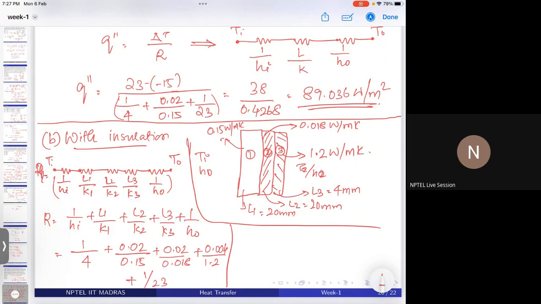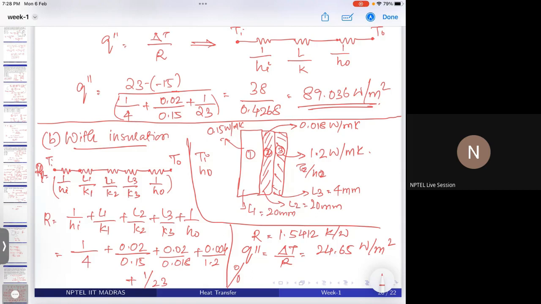So what is this answer? R is 1.5412 Kelvin per watt. What is this heat flux? Can you tell delta T? 24.65 watt per meter square.